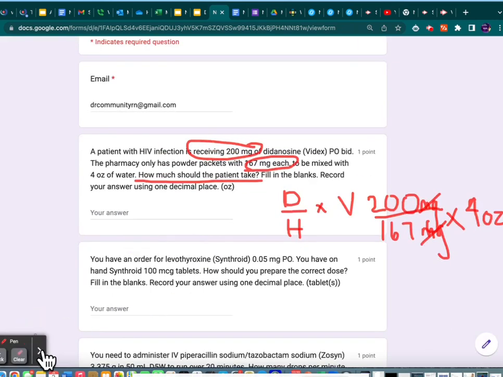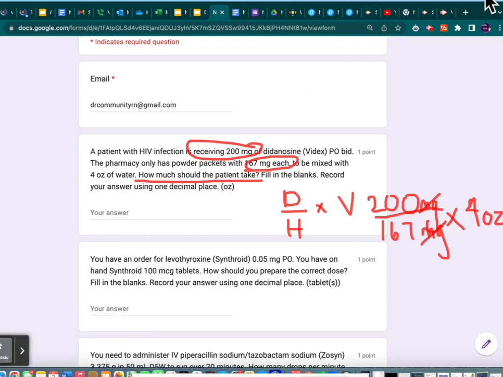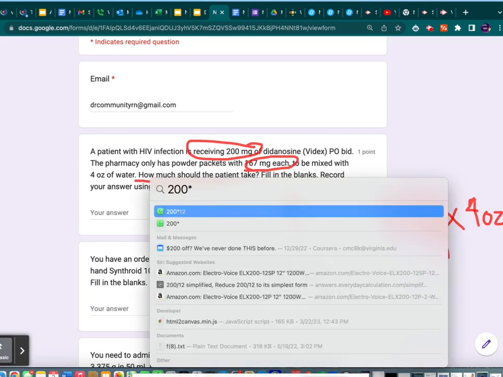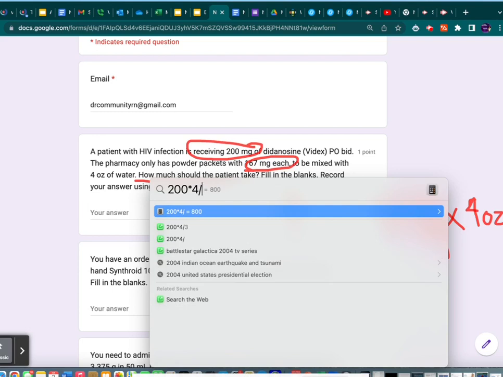We'll do the math on my search bar here. So let's just go with 200 times 4, that's 800, divided by 167.